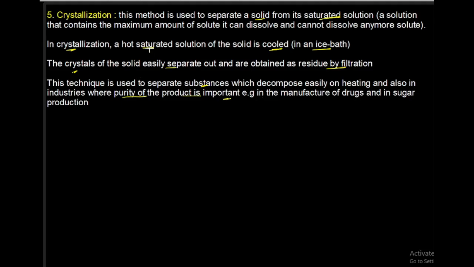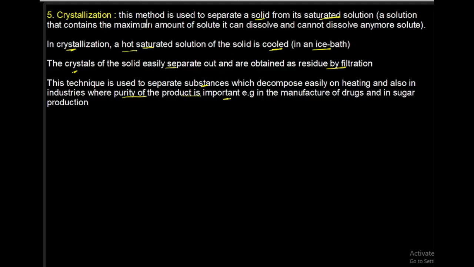So crystallization also involves a soluble solid in a liquid, but in this case, it involves cooling a hot saturated solution of the solid. During this process of cooling, crystals of the solid will easily separate out from that mixture.